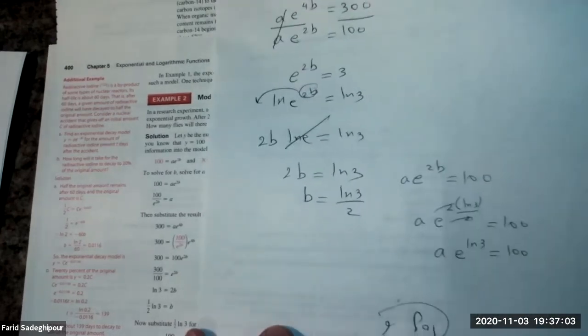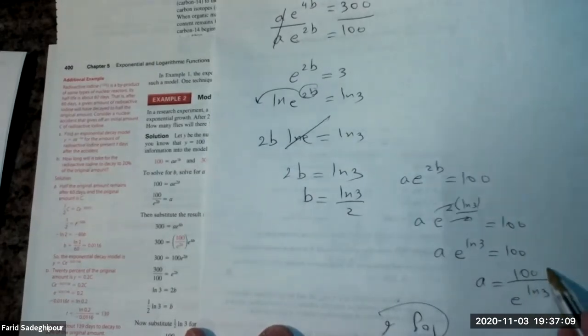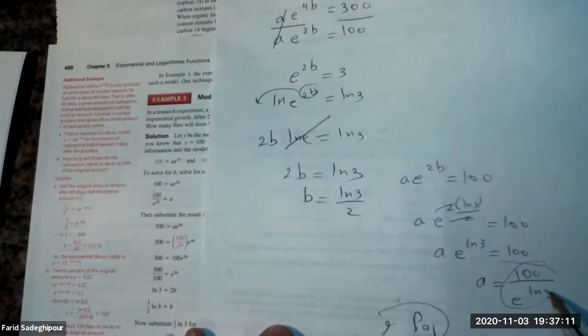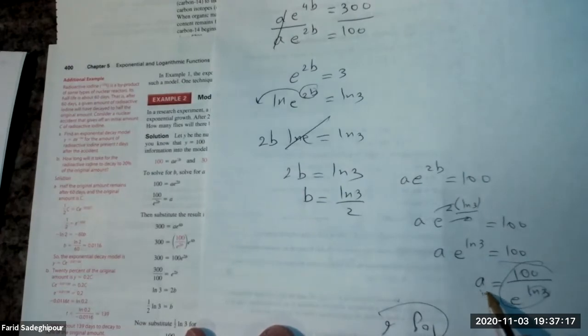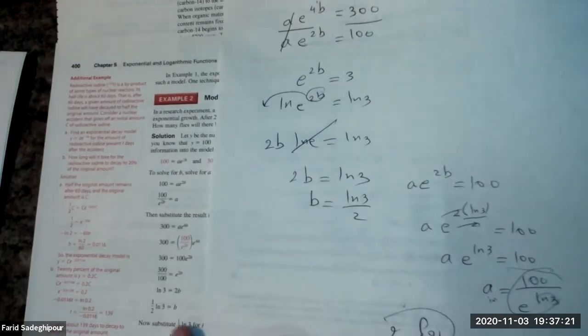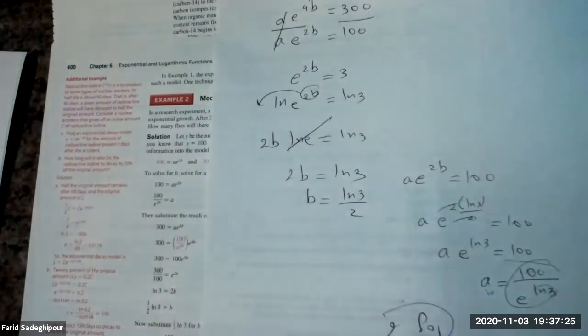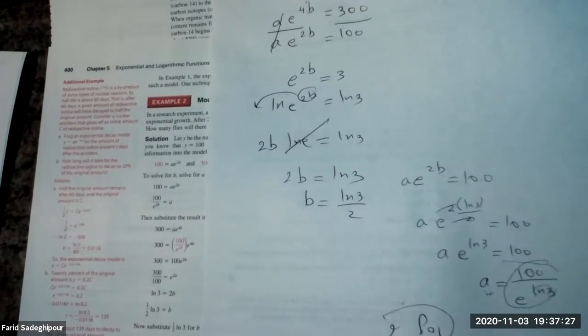So to find a by itself, a is 100 over e to power of natural log of 3. You could use the calculator, find the natural log of 3, take e and raise it to that, divide 100 by that, and it gives you the value of a. This is another way to do the problems. You could pause the video and copy this if you want to use this solution for these examples.